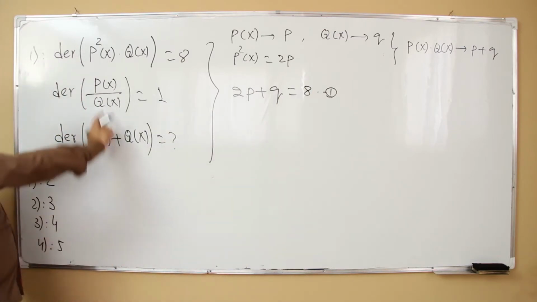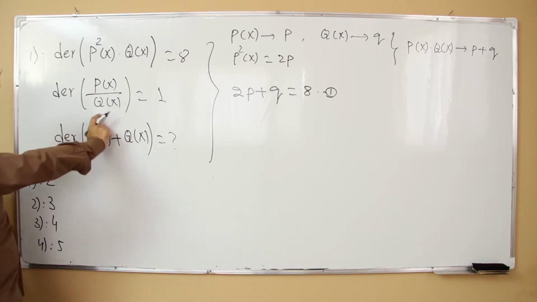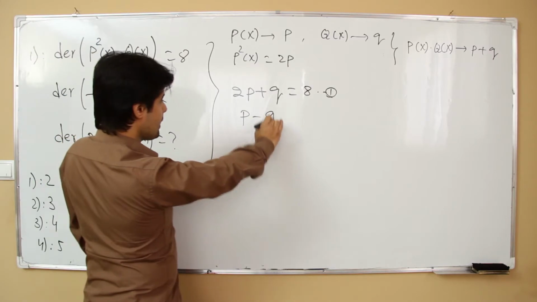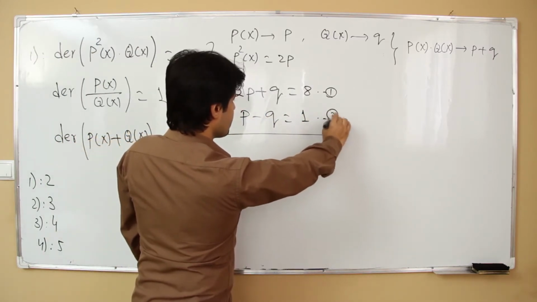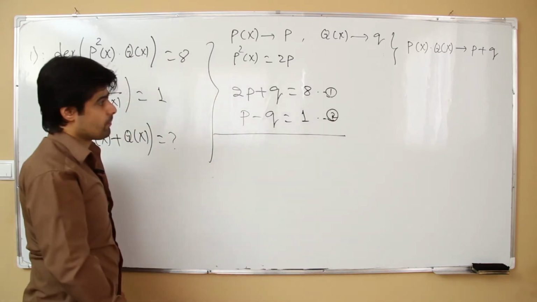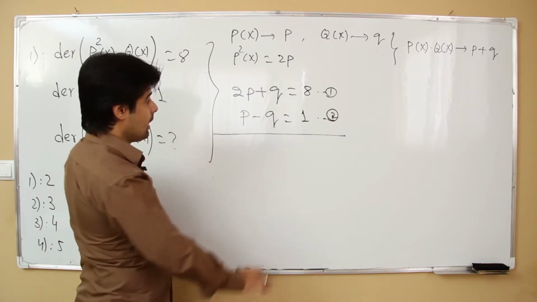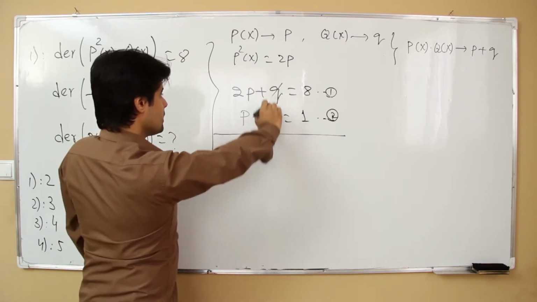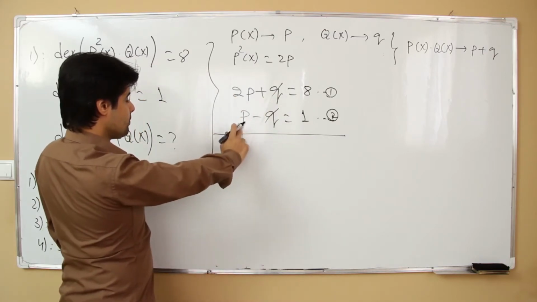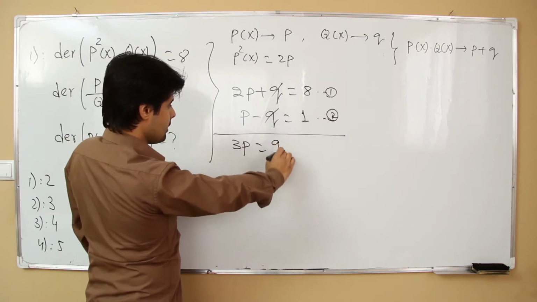The second equation: the degree of px is p, the degree of qx is q. Now the division degree is p minus q, and this one is 1. Now we have the first equation and the second equation, so you can solve for the variables. If we sum these two equations, q and q cancel. 2p plus p is 3p, 8 plus 1 is 9.